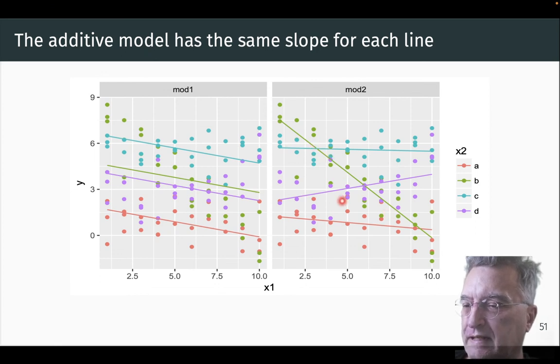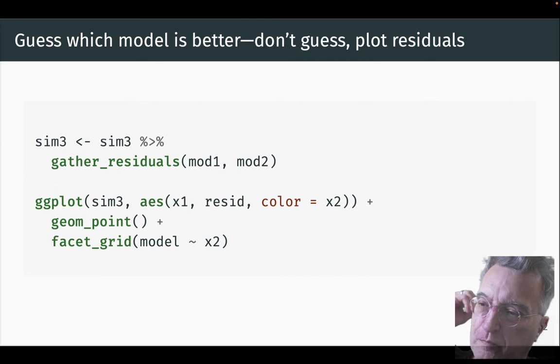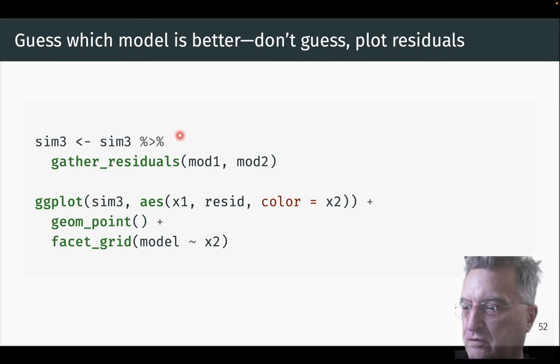That indicates that there is an interaction between these variables. And so you can guess which model is better. I would, of course, guess that the interaction model is better because there is an interaction in this data.